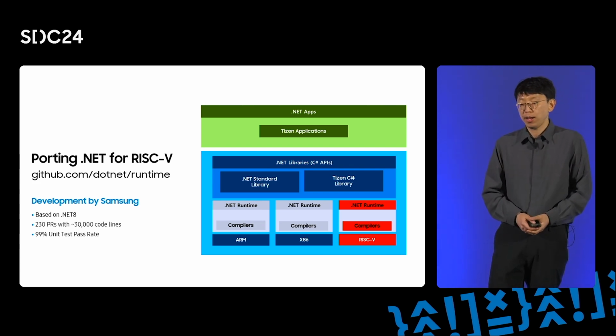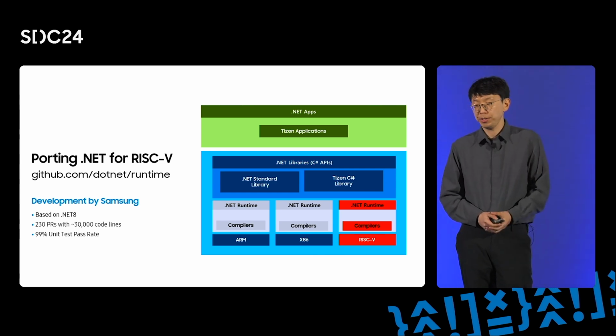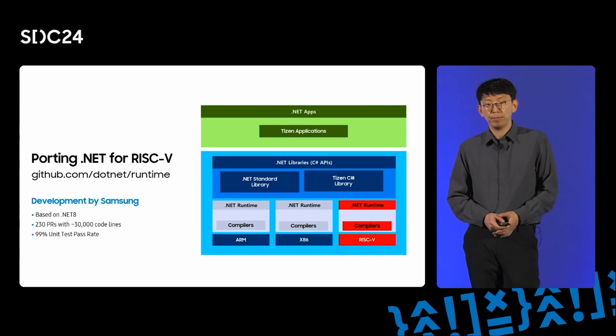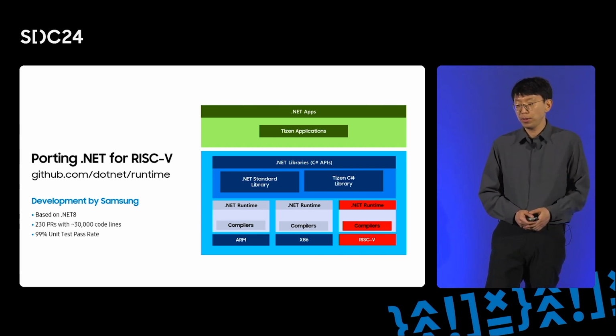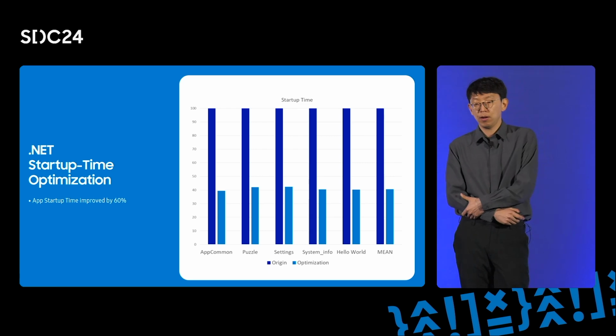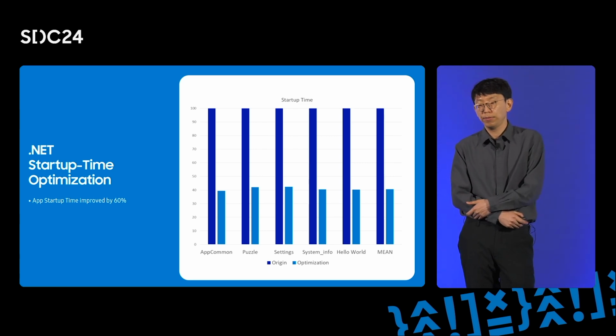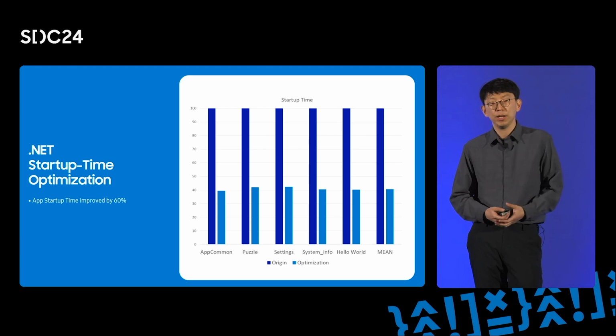The .NET runtime we developed has been integrated into the RISC-V Tizen images, allowing C# apps to run seamlessly on the RISC-V platform. And you can see this in action through a RISC-V Tizen TV demo that we've prepared just outside of this room. In addition to developing the RISC-V support for the .NET runtime, we also applied several performance optimizations.